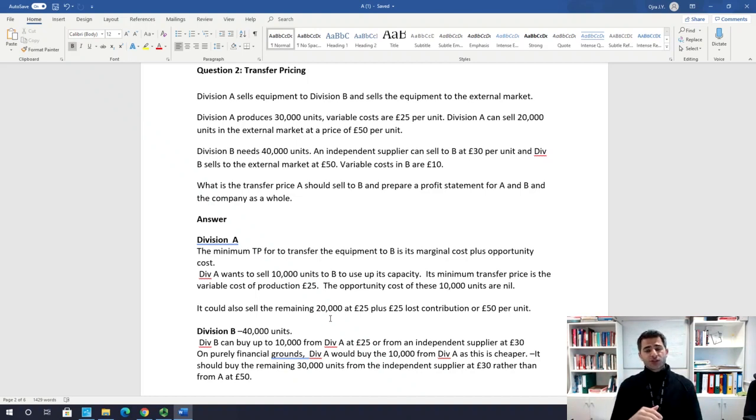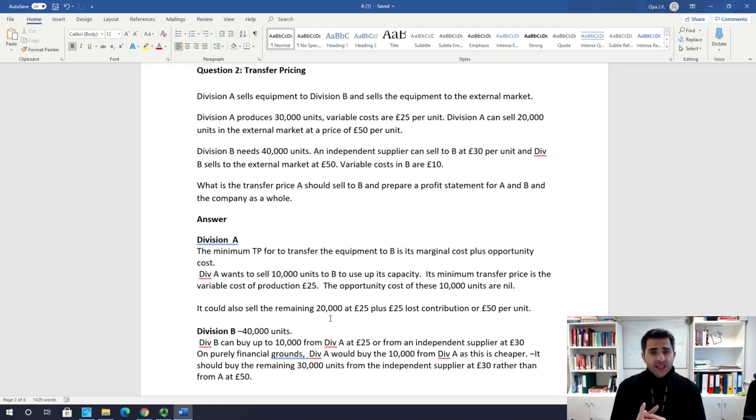So far we need to understand that division A has 30,000 units available. They sell externally 20,000 units at 50 pounds each. That's fine. So what's left for them is 10,000 units. The variable cost is 25 pounds per unit.